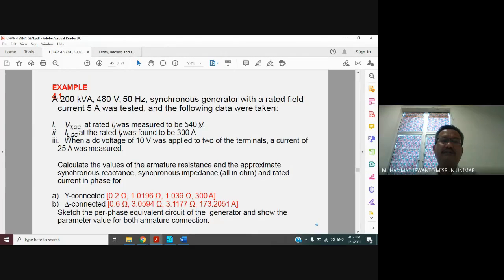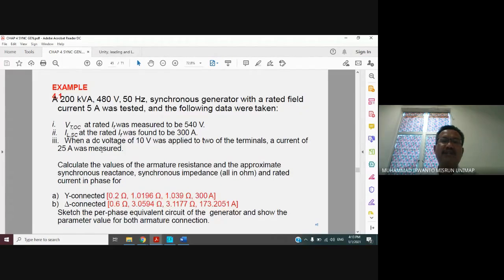Meaning, in the open circuit test, the terminal voltage or phase voltage obtained is 540 volt. And then when the short circuit condition is done, we have the value of the line current, or IA, is 300 ampere. When a DC voltage source of 10 volt was applied to the terminals, a current of 25 ampere was measured.